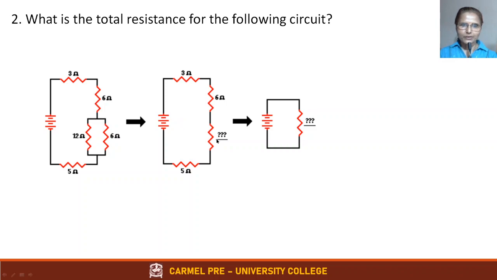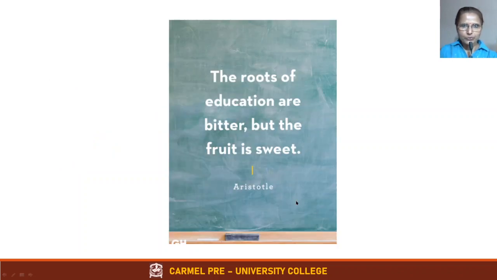Already I have put it in a simplified circuit. You need to draw all these. Each time you draw, your symbol drawing will become perfect. So please draw and practice. Symbol of voltage source, symbol of resistors, they're all important. Solve this problem also.